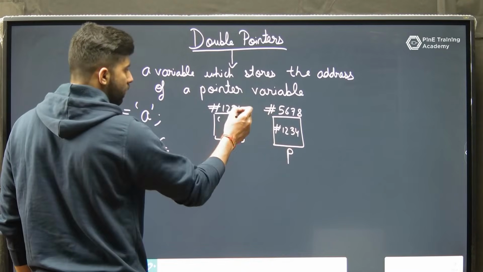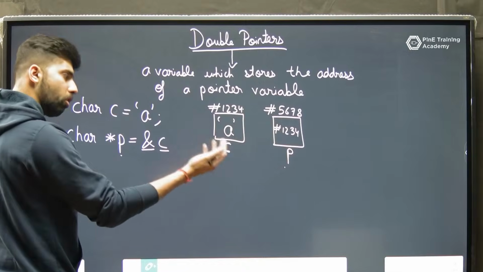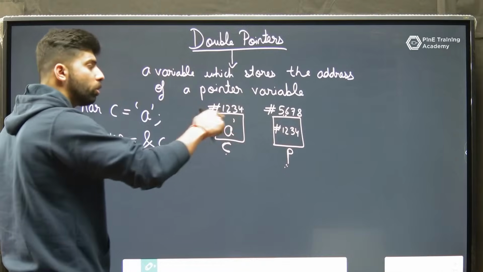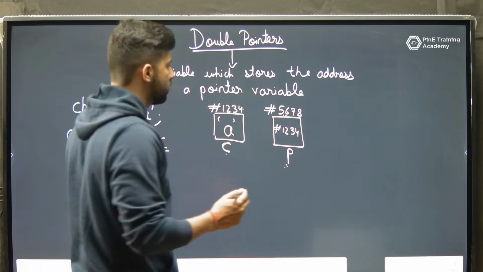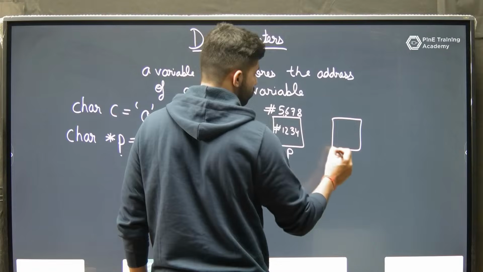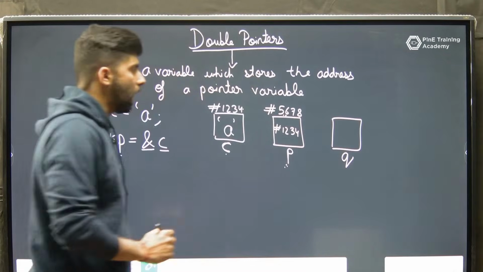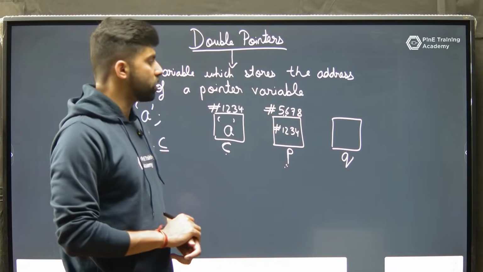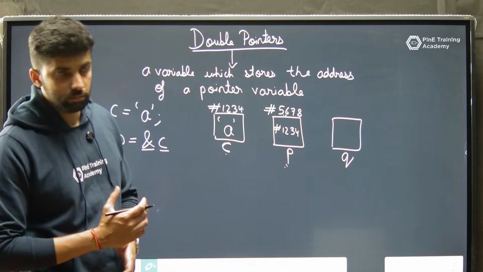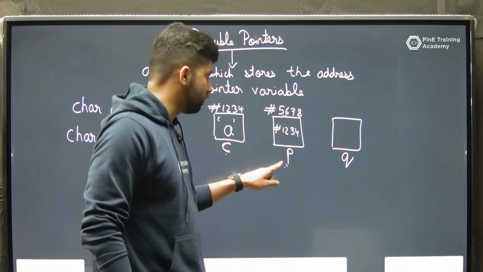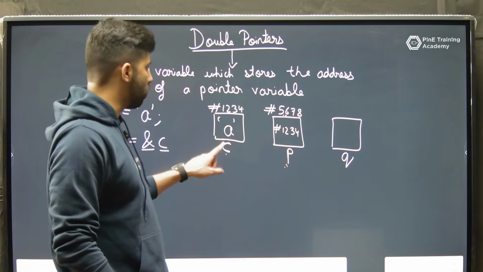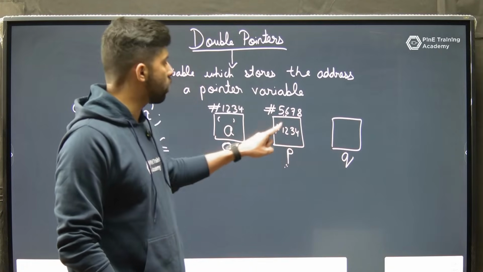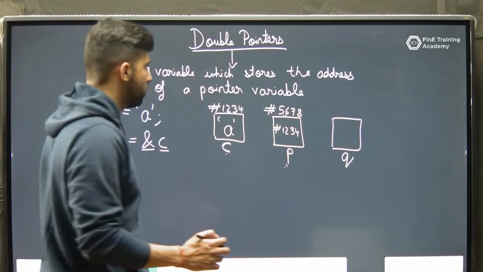So the address of C was stored in a pointer variable. C was a normal variable, and P is a pointer variable. If I want to store its address, I will have to create a very special pointer, which is a double pointer. This was a pointer which was storing the address of a normal variable. This is a double pointer which is storing the address of a pointer variable.